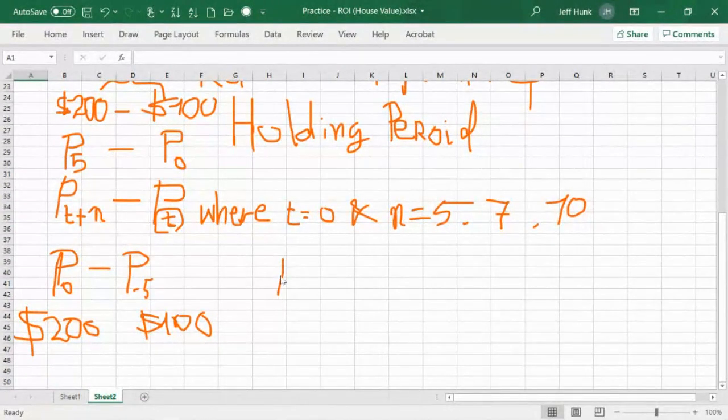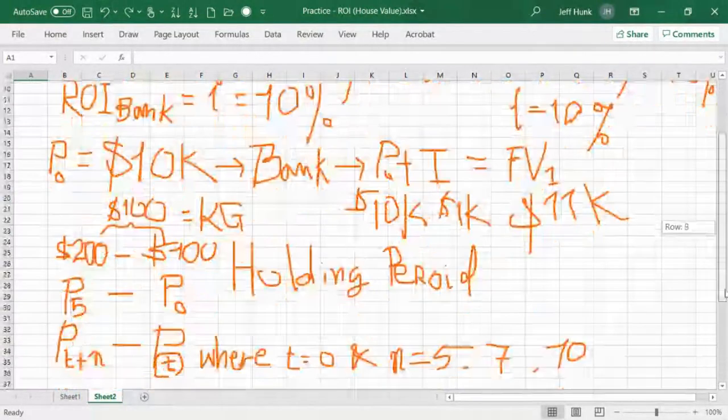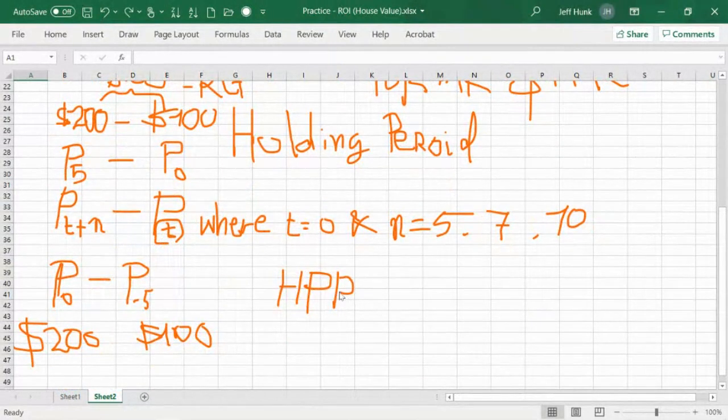Defining holding period return: instead of P_{T+N}, I can do P_{T-N}. Okay, so P_{T-N} is what?